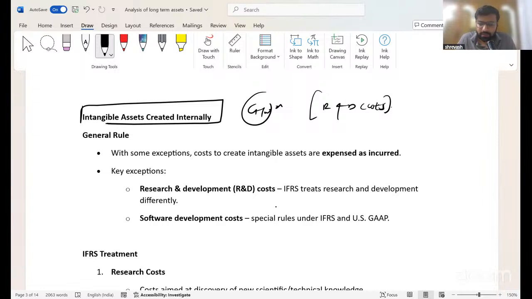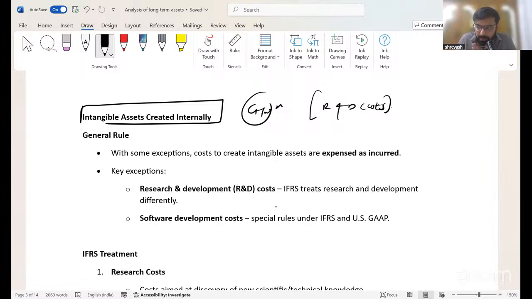The point is that I will incur expenses on this research and development. In the case of the cancer drug, the research phase would be finding out what exactly the formula would be. I would have to have a group of scientists who are constantly working on finding out these formulas. That's the research phase. Once I have cracked the formula for the medicine, I will start developing. I will start making a few medicines.